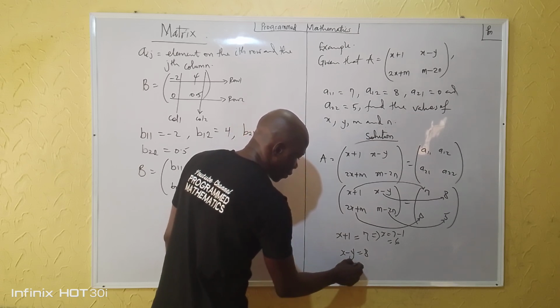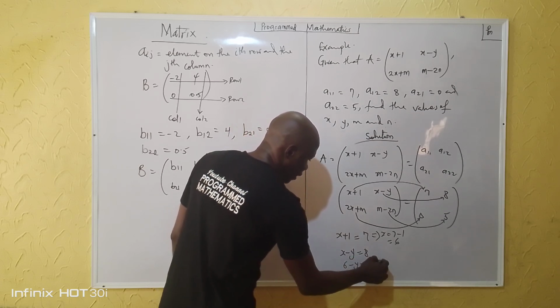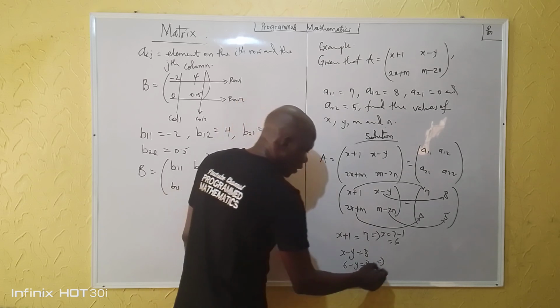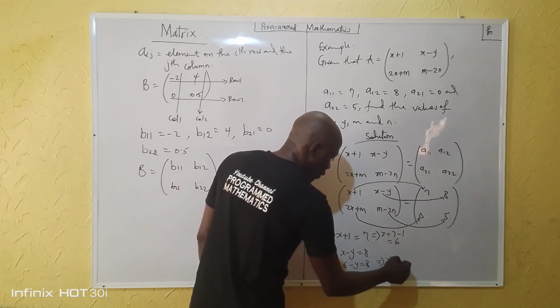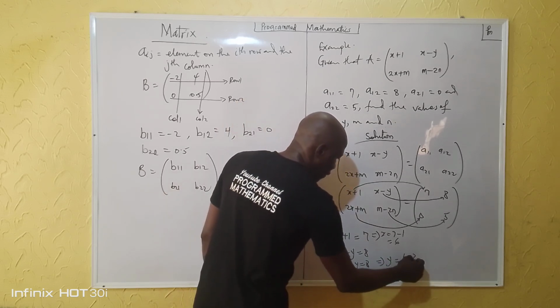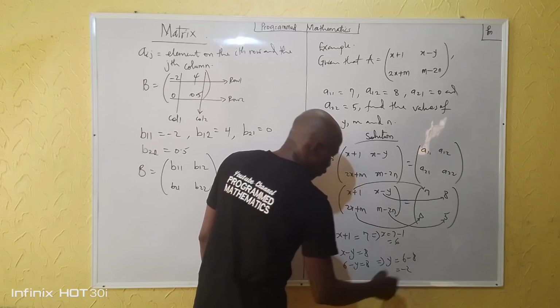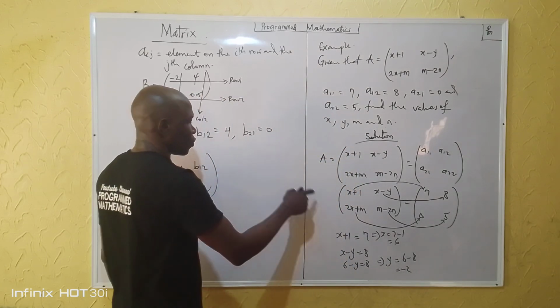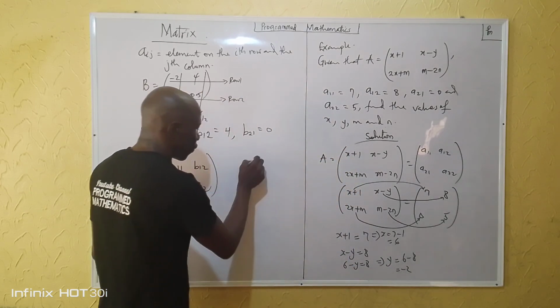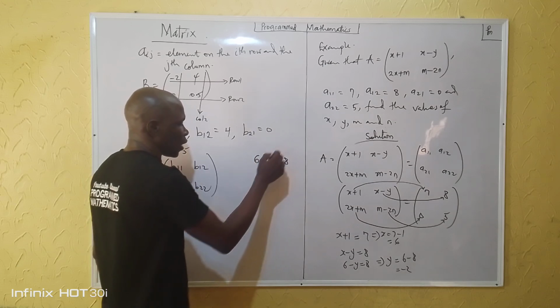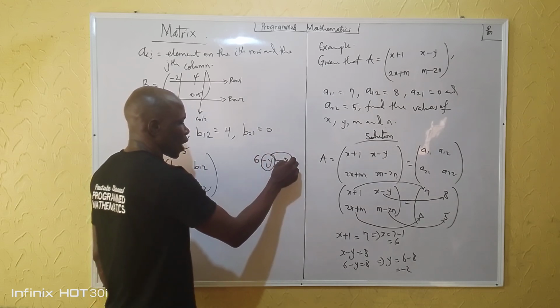So we have 6 minus y equals 8. This simply implies that y equals 6 minus 8, and that is minus 2. For those who may not understand that, if you have 6 minus y equals 8, you can simply move this y to the other side.